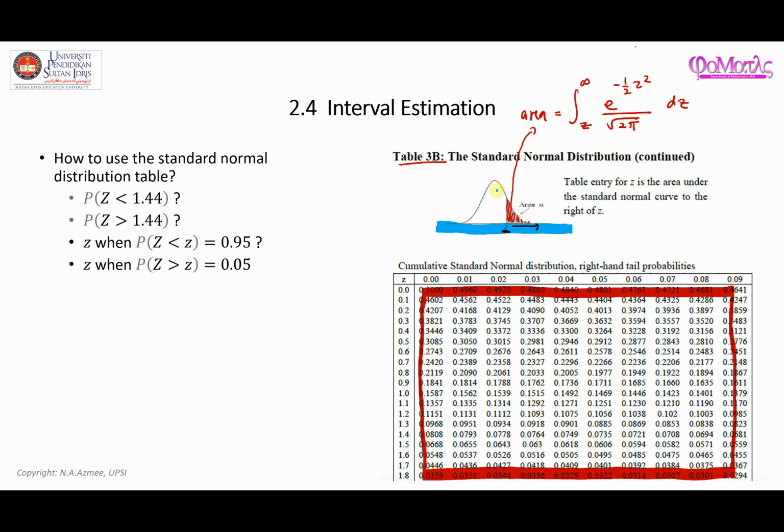The value of z is given by this column here. So make sure that you are able to differentiate the values of probabilities and the values of z quantile.